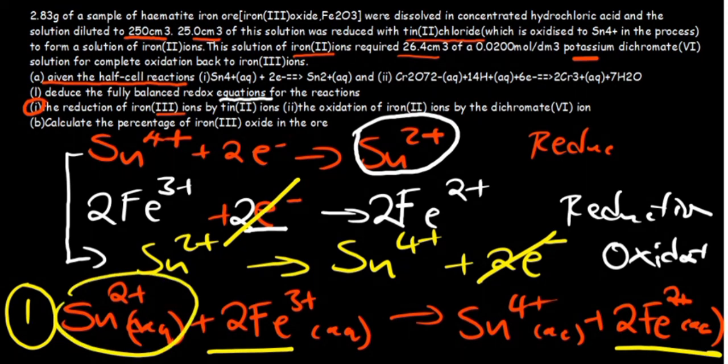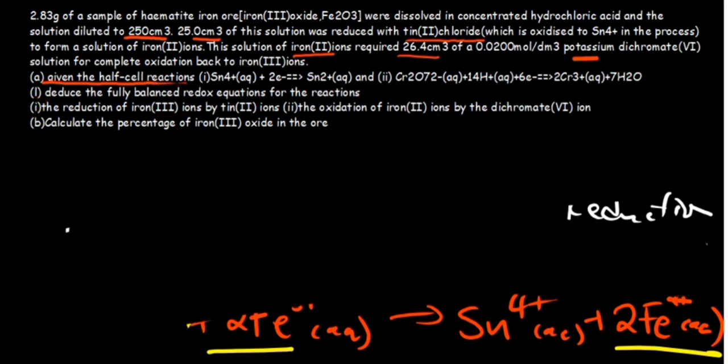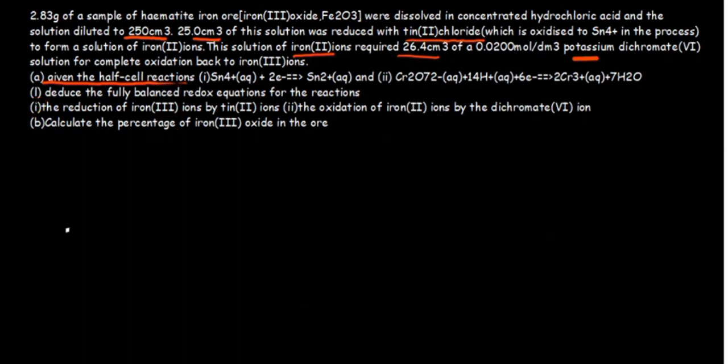So how do you answer the second part, which says we also need to give another balanced redox reaction, which is showing the oxidation of iron 2 by the dichromate part. We've been given the half reaction of the dichromate already, so I can write it the way it is.